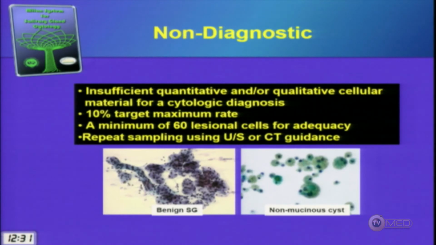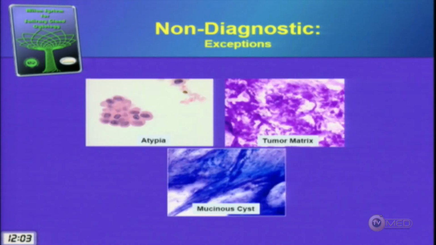On the other hand, if the patient comes in with just bilateral diffuse enlargement without a defined mass, and you get benign tissue, you may decide to put that into the non-neoplastic category, but with a caveat, a note, telling the clinician that they need to correlate and follow up, because it's possible this may not be representative. Also, many of these non-diagnostic samples are going to be non-mucinous cyst contents.